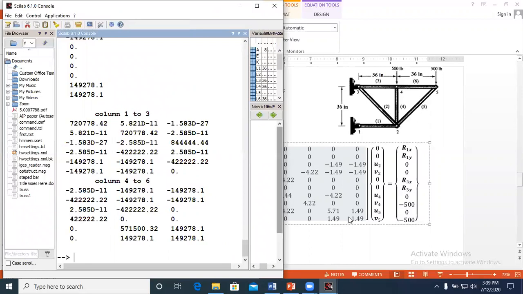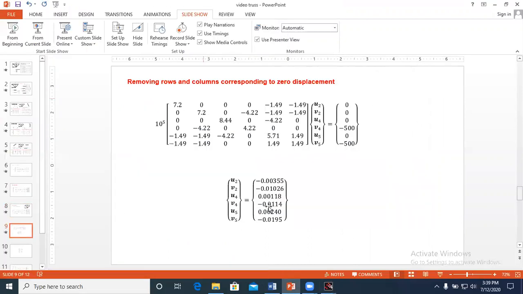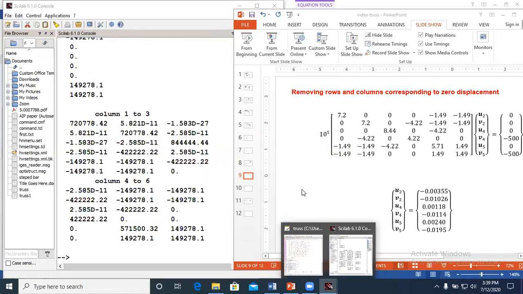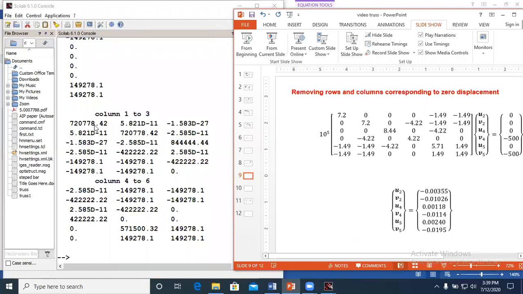You can see here, you observe this one, remaining terms are all 0. You see the column wise, this is non-zero, this is 0, this is 0, this is 0, minus 1.49, minus 1.49, this one 0, this one 0, this is 0, 4 to 149, 149, 0, 0, 844, and this is 0, 422.